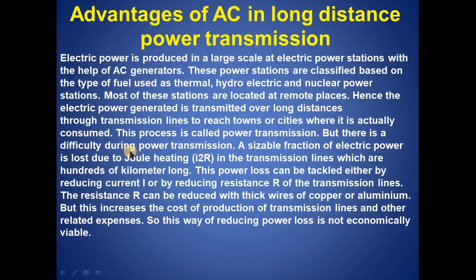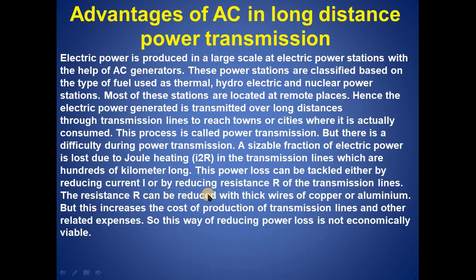But there is a difficulty during power transmission. A sizable fraction of electric power is lost due to Joule heating, that means I squared R, in transmission lines which are hundreds of kilometers long. This power loss can be tackled either by reducing current I or by reducing resistance R of the transmission lines.